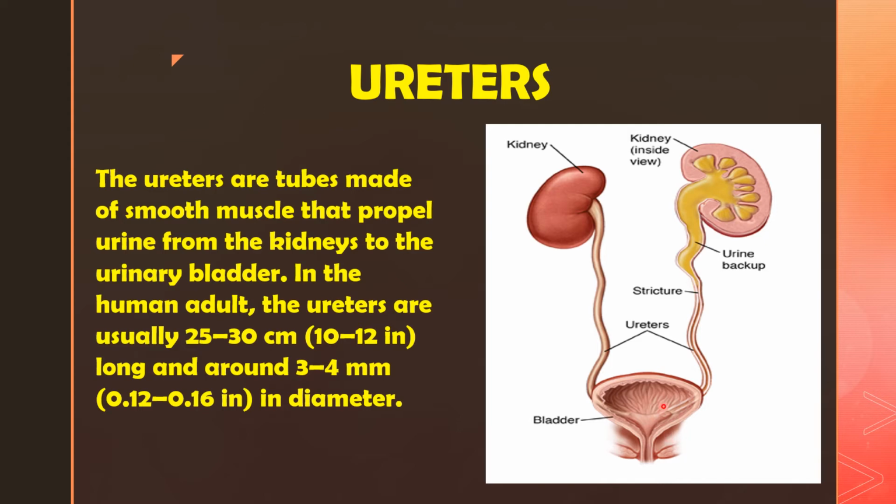We are going to discuss this. So these two are ureters, tube-like structures that connect the kidney to the urinary bladder in the human excretory system, and the function of these two ureters is to carry urine.